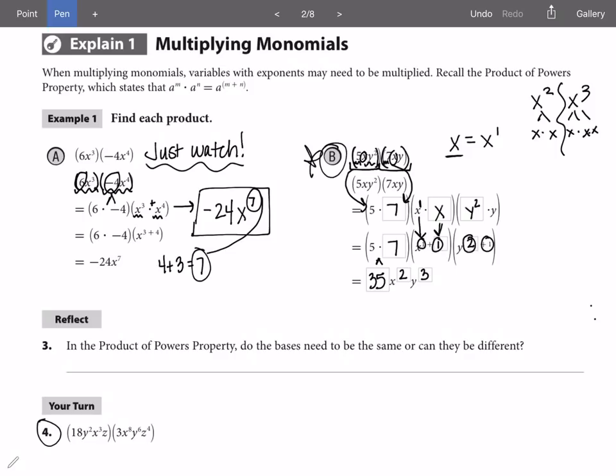So let's go ahead and take a look at number 4. So we have 18 and we have 3. So if I'm separating that, I have 18 times 3. And then I am going to look at my variables here. So I have x, I have y, and I have z. Y, x, z. So I'm going to go ahead and place x first.